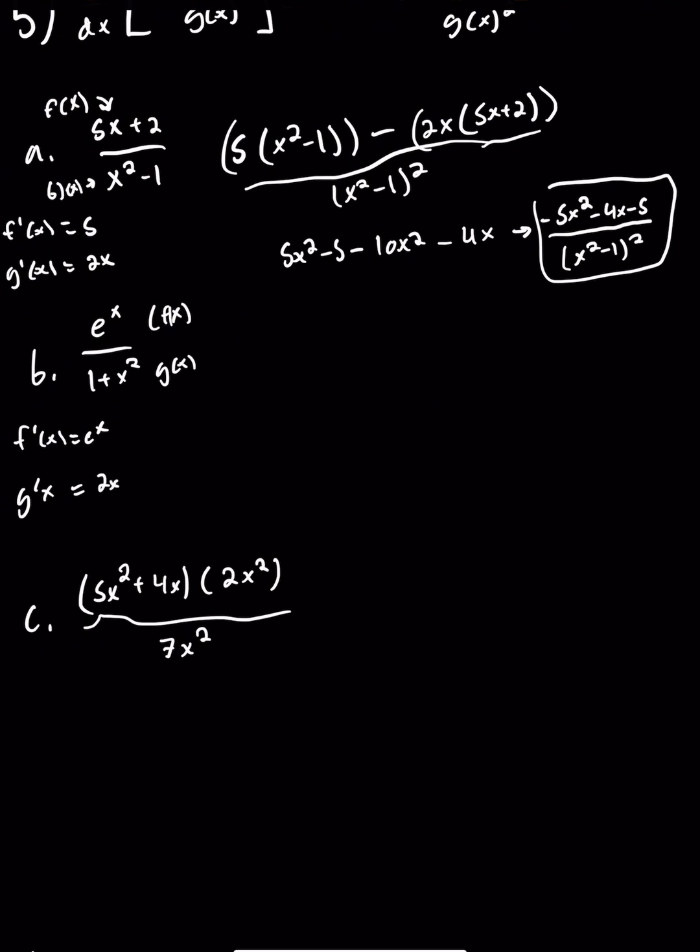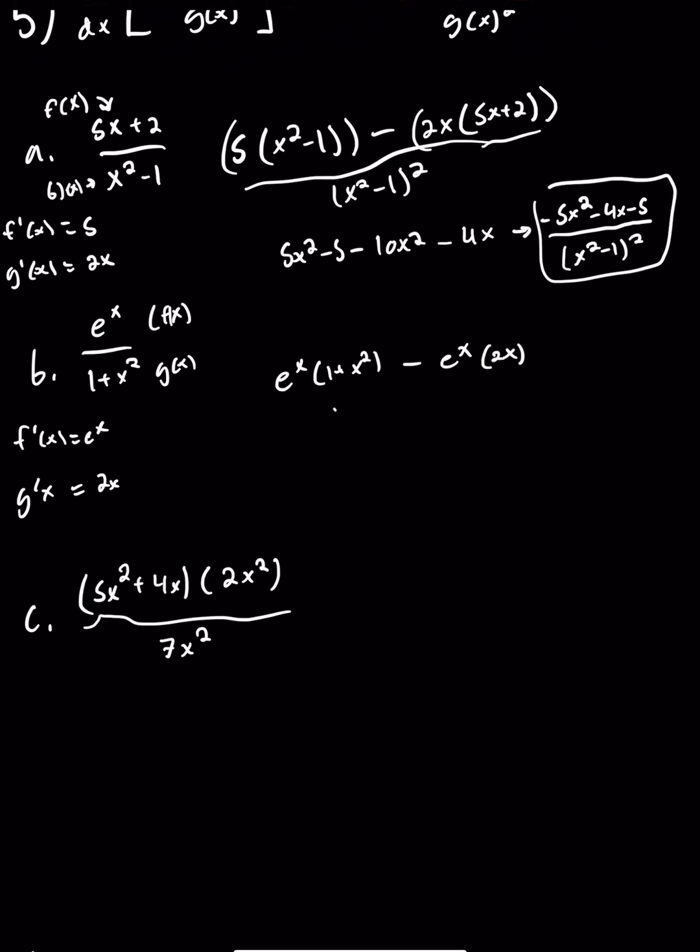So let's solve this out. We know that it's going to be e to the x times 1 plus x squared, then we are also going to subtract that from e to the x times 2x.